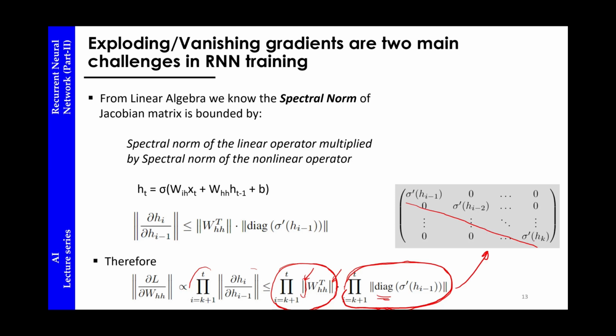Therefore, to calculate this fraction during backpropagation, we need to know what value every single one of these products will finally end up at, or at least estimate how small or how big it is. To do so, I will discuss the activation function and recurrent weight matrix separately.